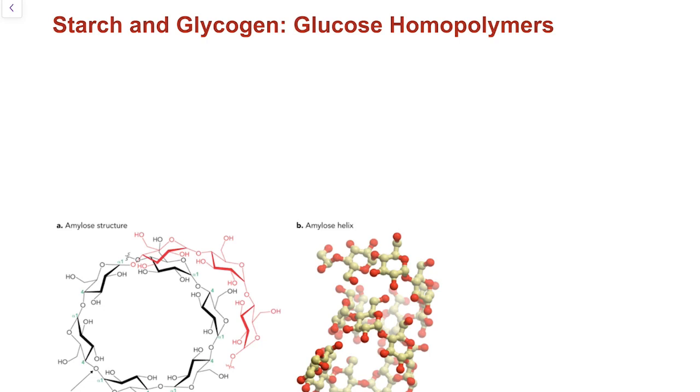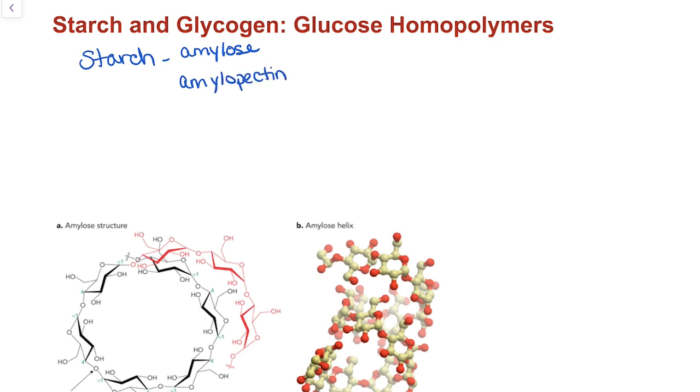We have glucose units that repeat and repeat and repeat. Both of these are going to play a role in our energy. So starch is composed of two different types of polysaccharides, amylose and amylopectin.